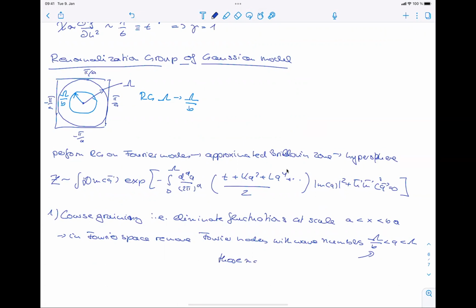Those modes don't hold the singularity, which is at q equals 0.